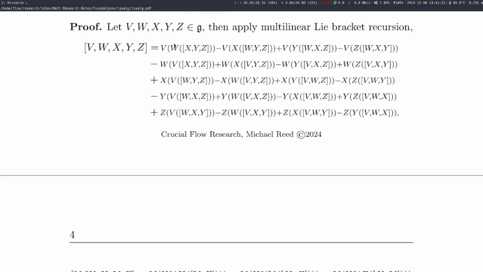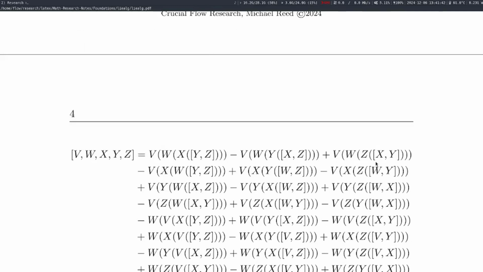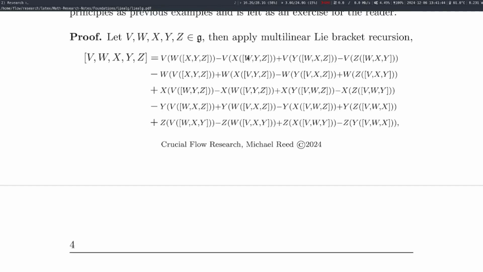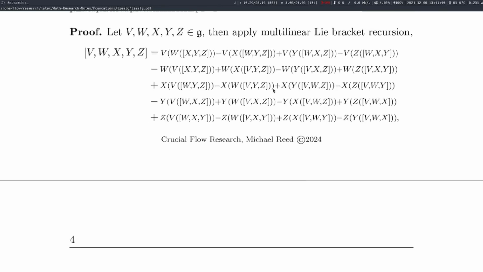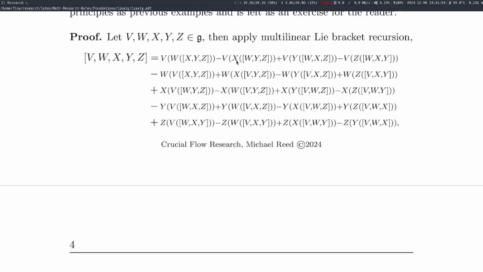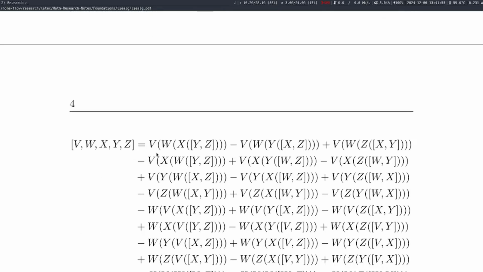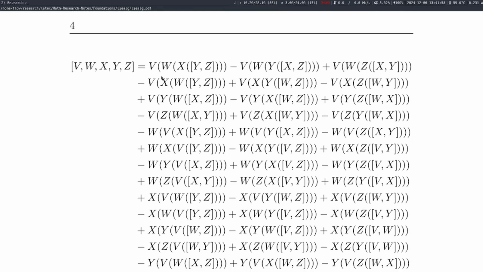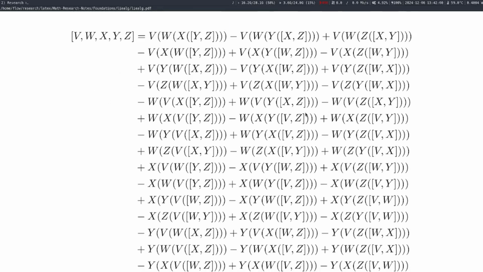So that's this first trilinear term, v of w of x, y, z, expanded out. This first row is just expanding that term. Each row here is expanding one term, so for each single sum term, we're expanding into a whole row. So we end up with a row for each term. Each trilinear term gets expanded into a sum of 3.